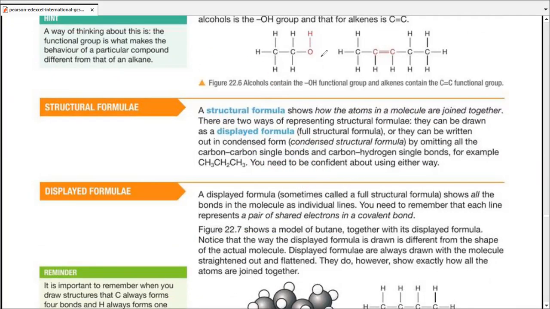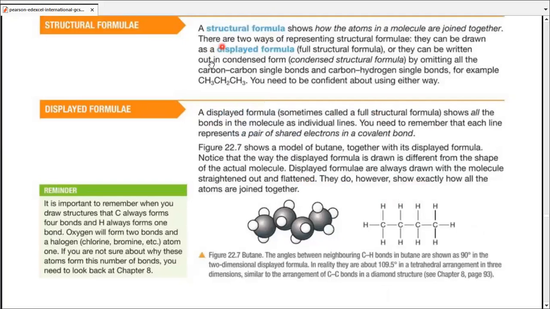Let me explain by giving you an example of both the structural formula and the displayed formula. The example we have been discussing is C4H10, and this is the structure. This is the model actually. This is the displayed formula. It gives us all 4 carbon atoms, all 10 hydrogen atoms, and literally all the bonds.